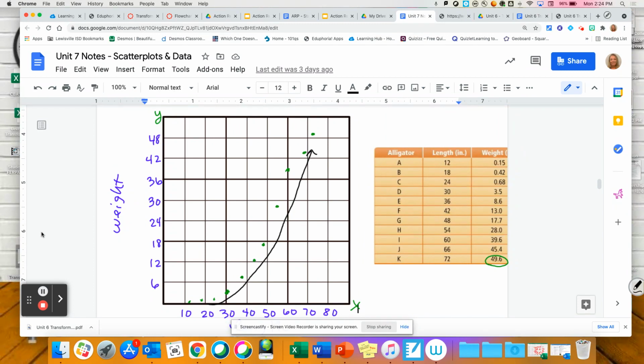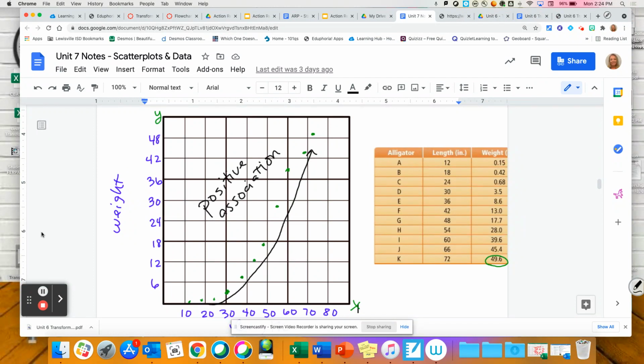When you can make a general statement about what is happening in the data, there is an association that is occurring. So for letter B, it asks, does an association exist between the length and the weight of the alligator? And yes, there is an association that exists. In fact, there is a positive association that exists between the length of the alligator and the weight of the alligator.